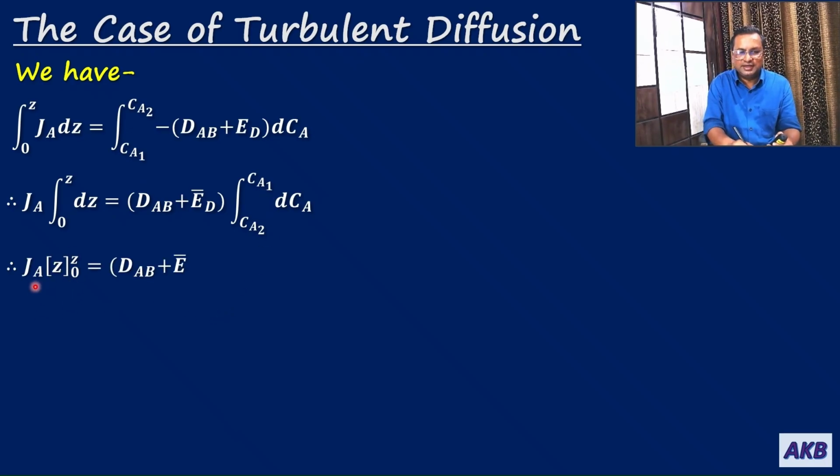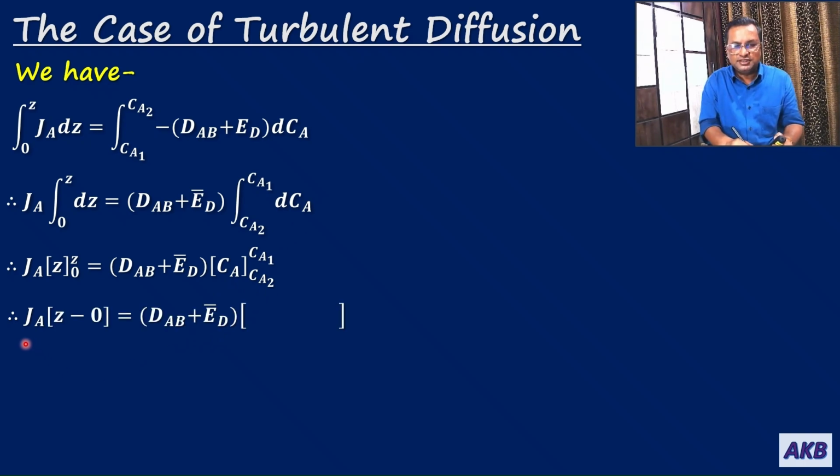So now let us integrate. JA, integration of dZ is Z, limits 0 to Z, is equal to (DAB plus ED bar), and integration of dCA is CA, limits CA2 to CA1.